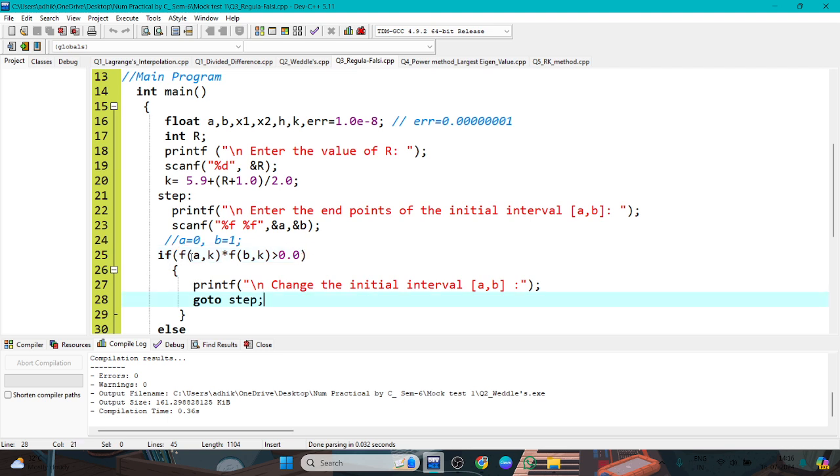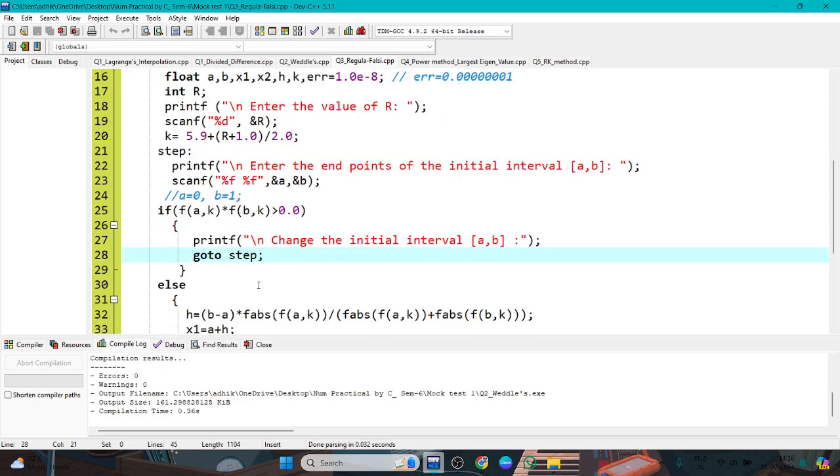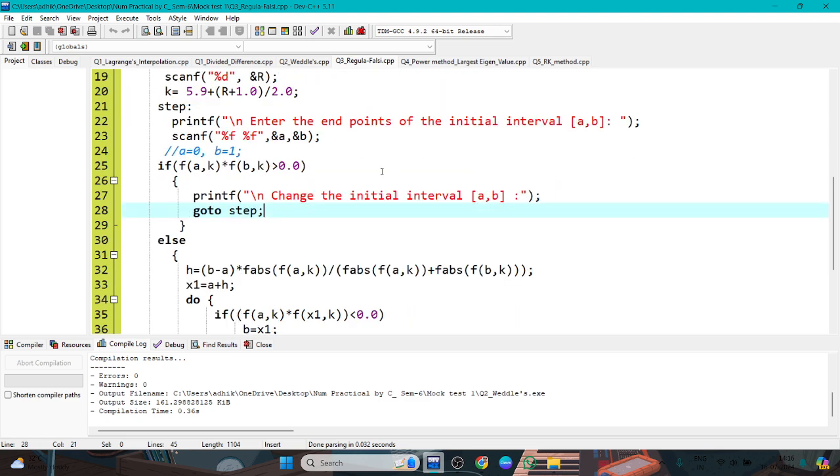If f of a k into f of b k greater than 0, printf change the initial interval a b. Go to the step. So again go to the step here. Re-enter the endpoints a b.